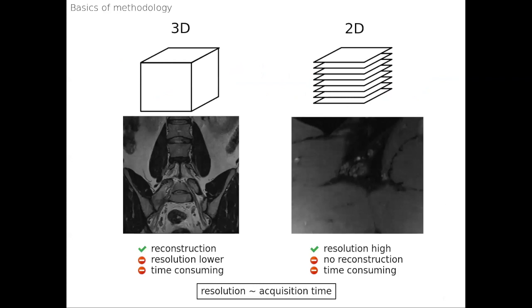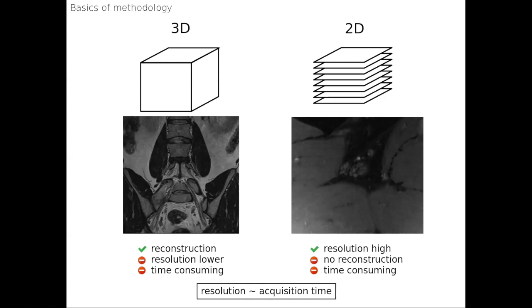So if we look at what type of sequences we want to use for MR neurography, we can use both 3D sequences and also 2D sequences. The 3D sequences have the possibility that you can reconstruct the anatomical region in any direction.